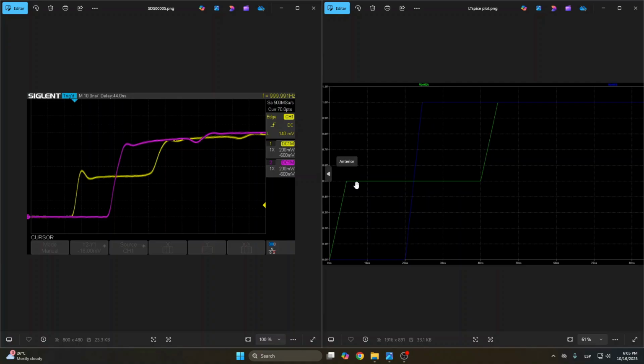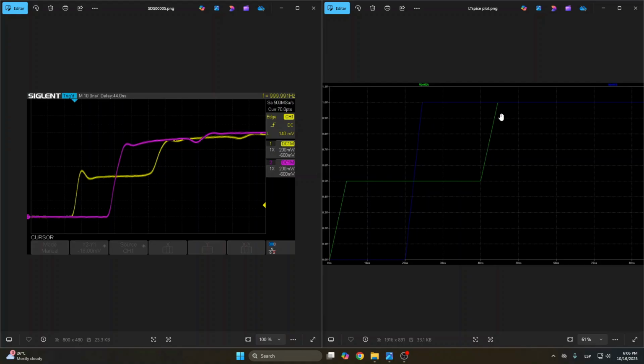The signal rises up to 0.5 volts, stays flat for some period of time, and then it rises up another 0.5 volts to finally reach 1 volt. Of course, there is some overshooting and ringing on this real signal because this is a physical board with some imperfections or non-idealities.